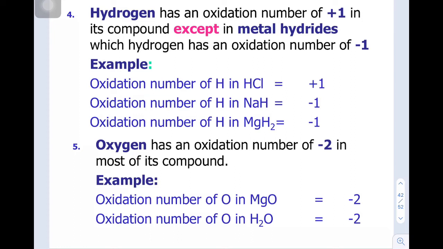Oxygen has an oxidation number of -2 in most of its compounds. For example, when oxygen is combined with magnesium, MgO, the oxidation number of this oxygen is -2. Another example, in a molecule of H2O, the oxidation number of this oxygen is also -2.